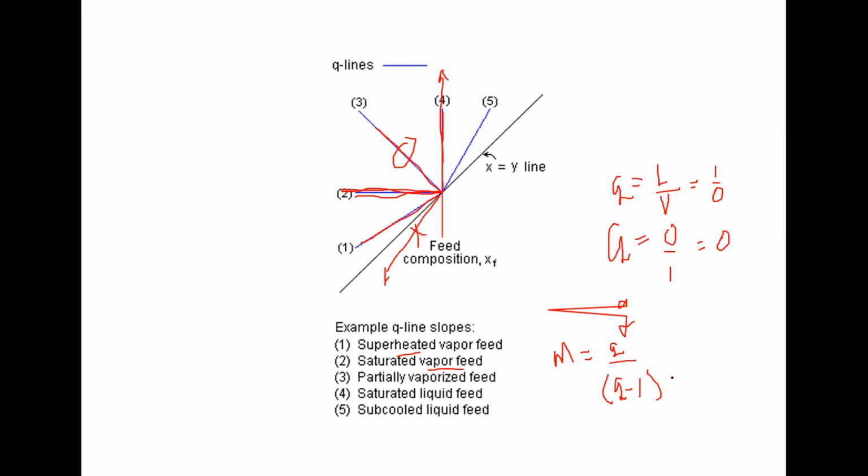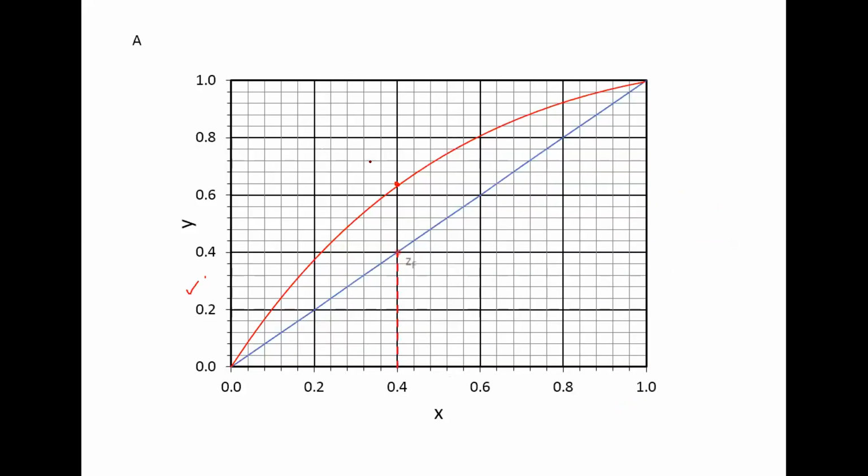You need to calculate this from QL per V of the feed, and then the M you can get from Q per Q minus 1. That's how you determine that Q. And as you know, the Q is usually determined at the beginning. If you get any information about the feed, you need to put it right at the beginning before you start everything. You see? Understand?